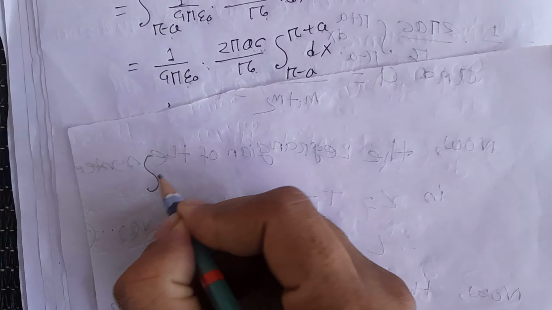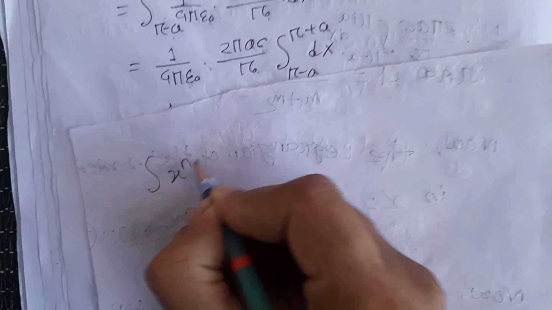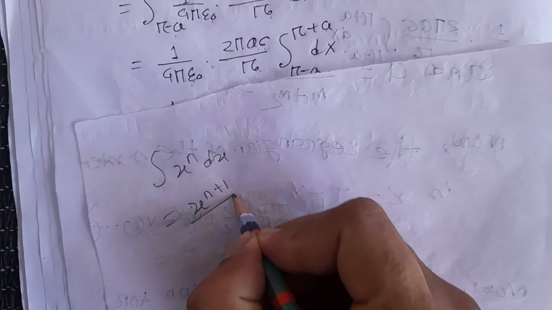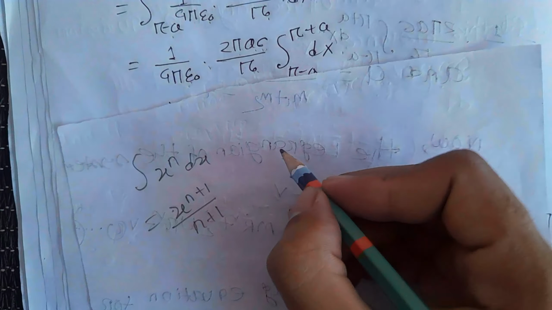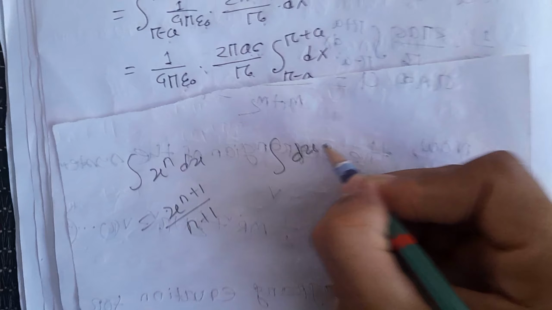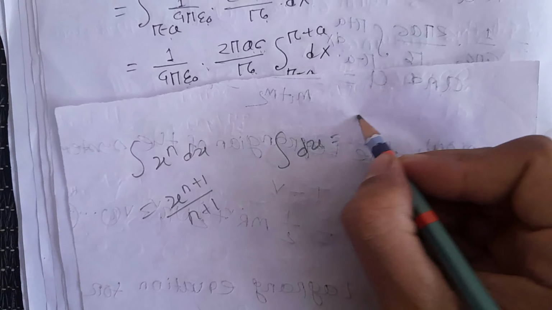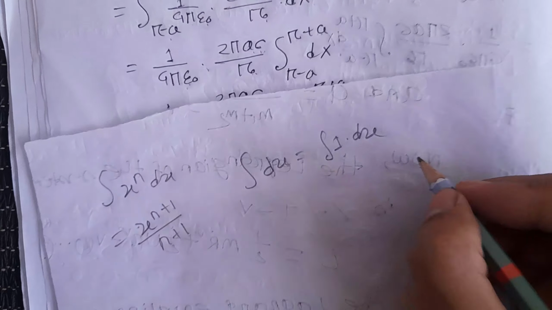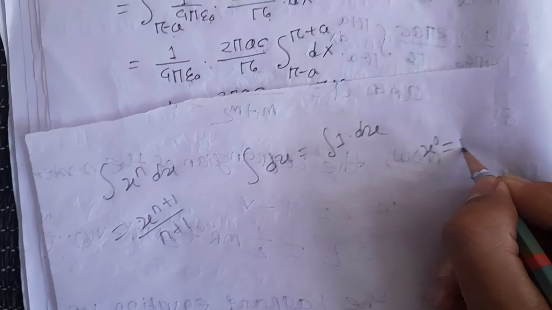We know that integration of x to the power n dx equal x to the power n plus 1 by n plus 1. In this case, integration of dx equal integration of 1 into dx, and we know x to the power 0 equal 1.